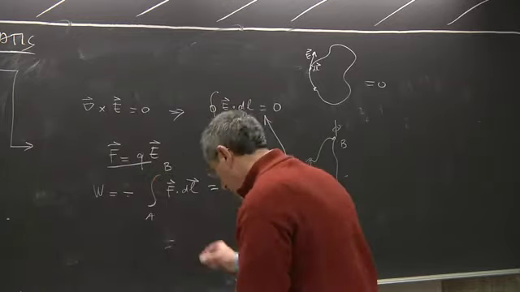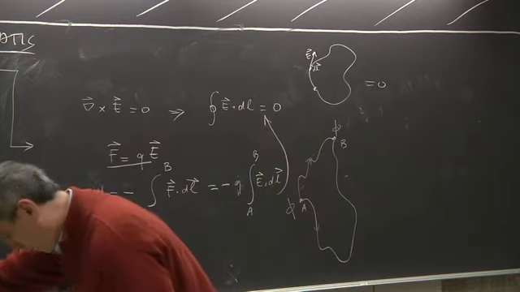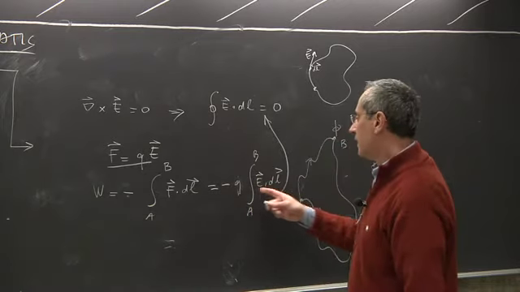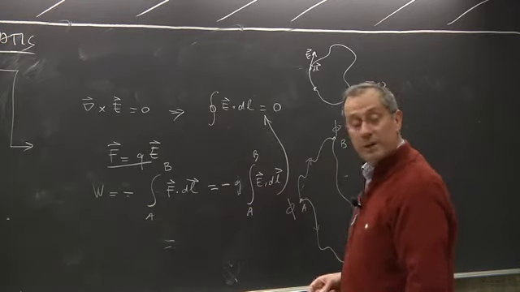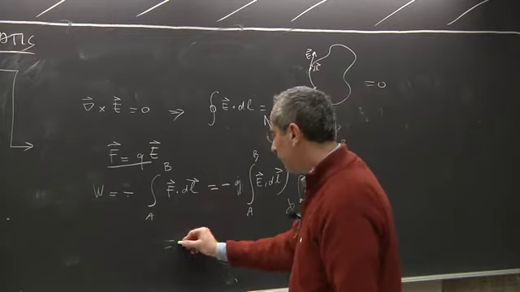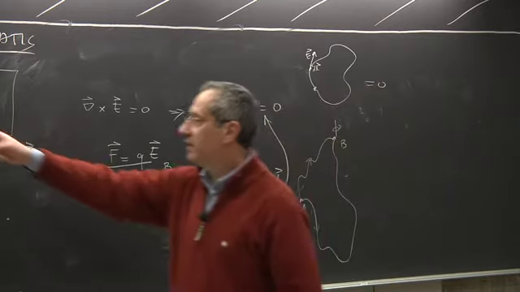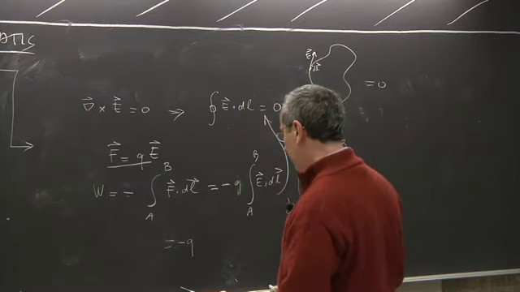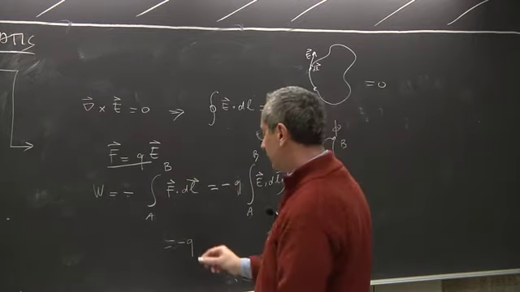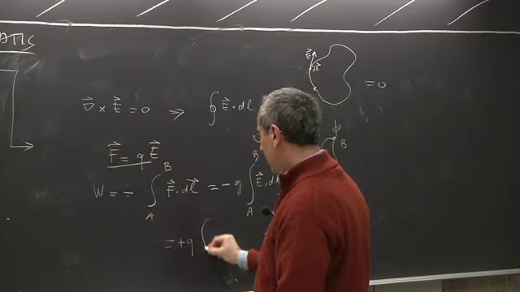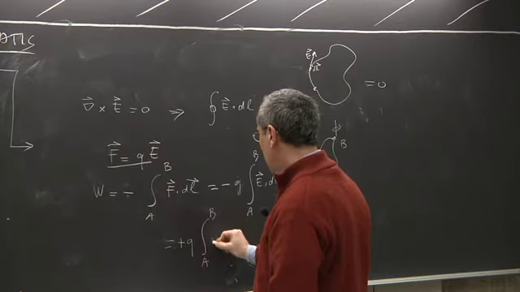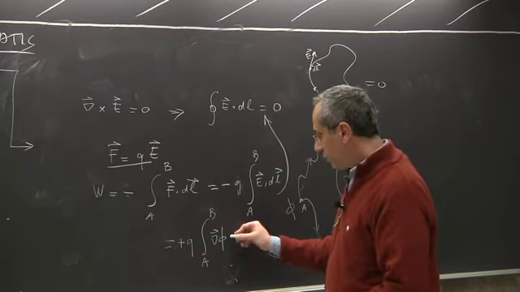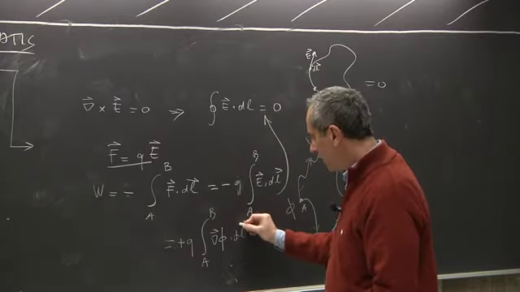Therefore, this can really be written as a potential. In fact, you verify that because of this, I can write my E field as the gradient of a potential. So I have this minus here. So I get the integral from A to B of the gradient of this potential along this line.